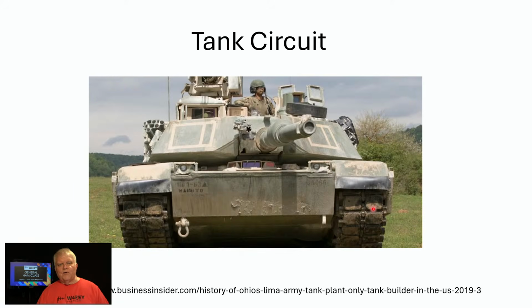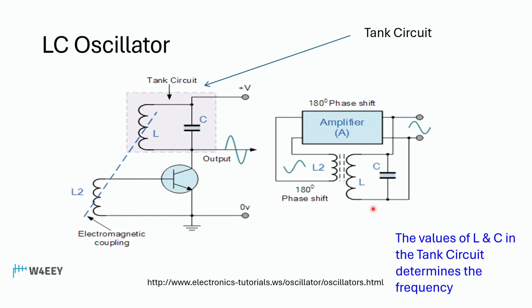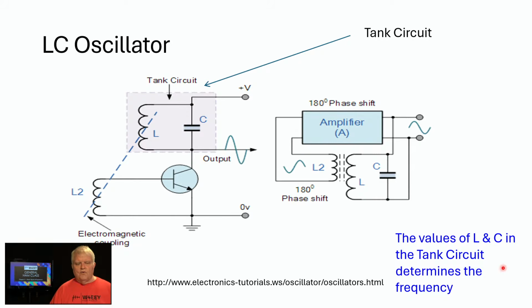I only put this picture in as a memory aid. It has nothing to do with the military. But the tank circuits were used as the frequency determining filter for oscillators. And the values of L and C in the tank circuit determined that frequency. And usually one of them was made variable so that you could change the frequency easily.